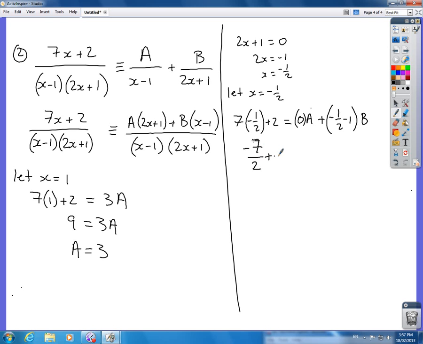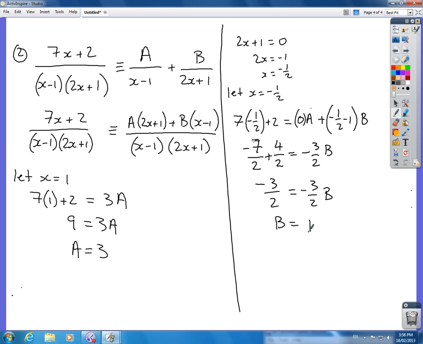I'm just going to make 2 into 4 on 2, a common denominator, which makes it easier to add the fractions. Minus a half minus 1 makes minus 3 on 2 B. Then that gives me minus 7 plus 4 makes minus 3 on 2 equals minus 3 on 2 B. What does that give me? B equals 1.